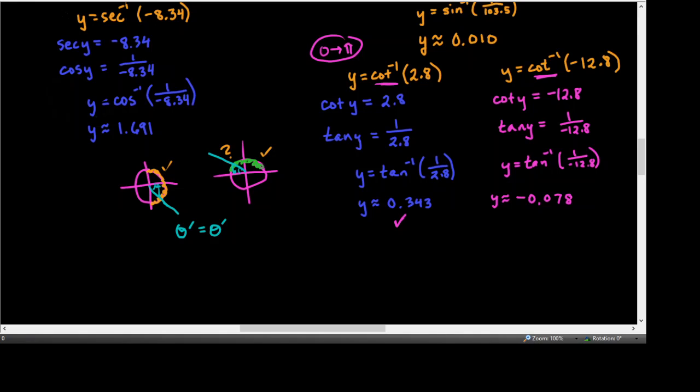The one that we're getting from the tangent inverse of a negative number, that's negative 0.078, is on the right track. It's just in the wrong quadrant. And one thing you might remember from geometry is that if you have what are called vertical angles, they're always congruent.